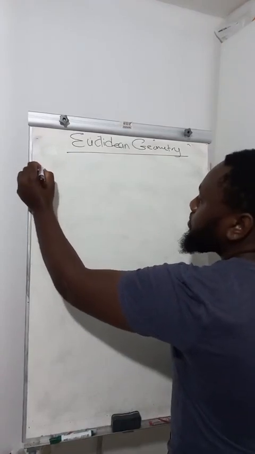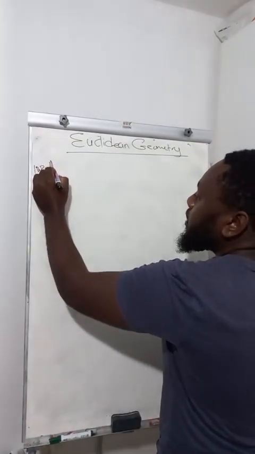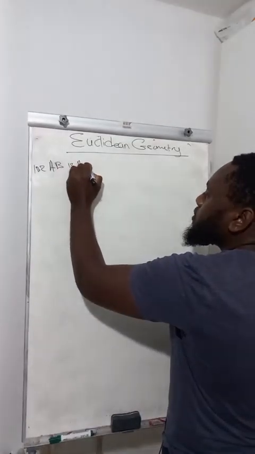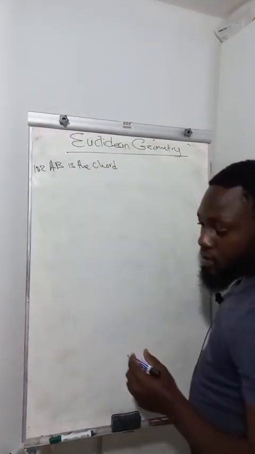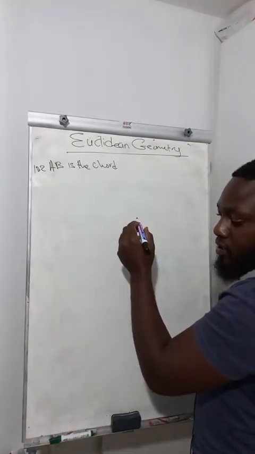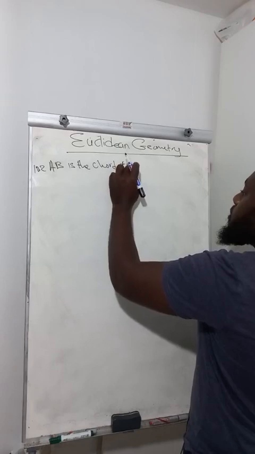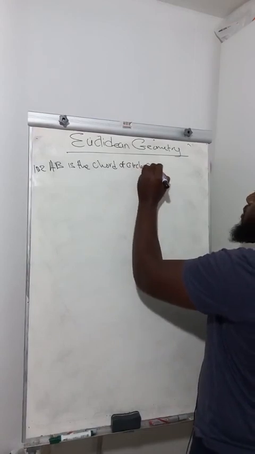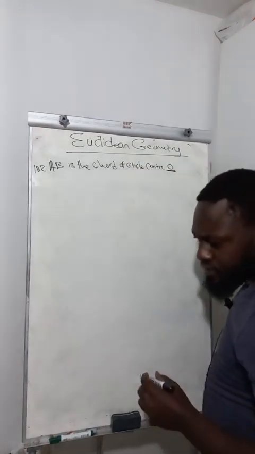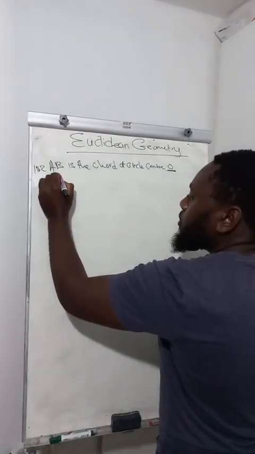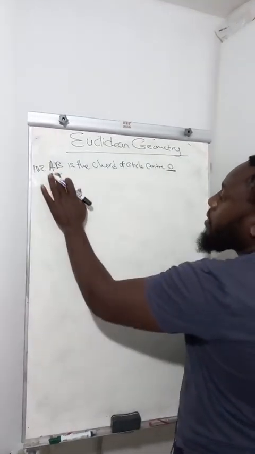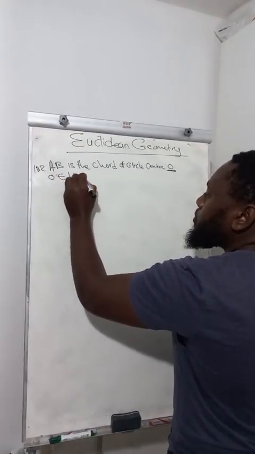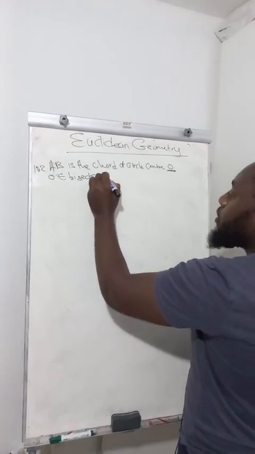I think it's 10.2. It says AB is the chord of a circle with center O. OE bisects chord AB.